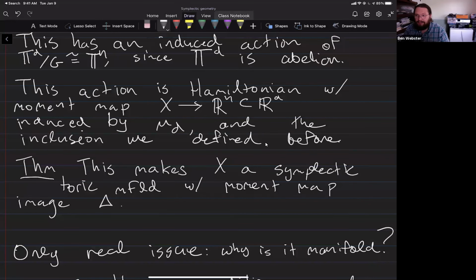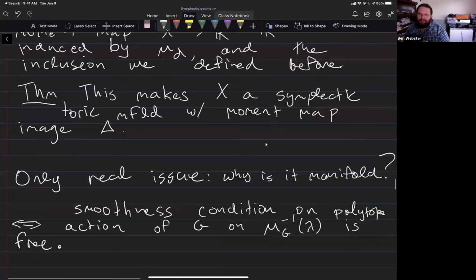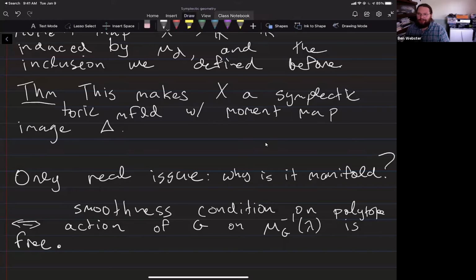That'll give me the symplectic structure, and it'll be essentially automatic that the induced torus action is Hamiltonian. So where my Delzant condition has to come in is it has to be somehow related to the freeness.